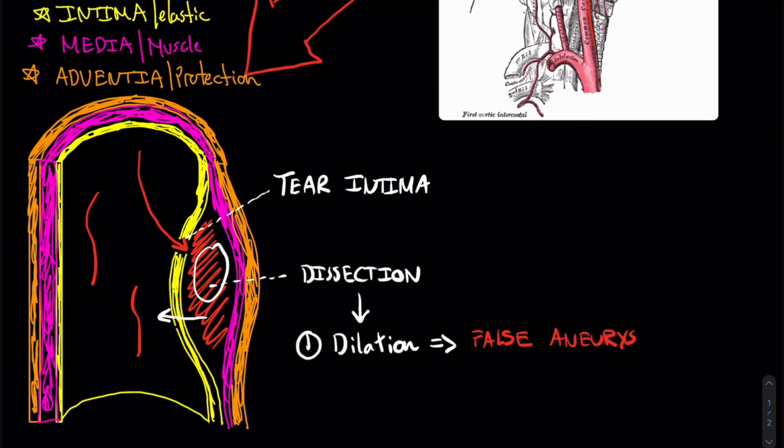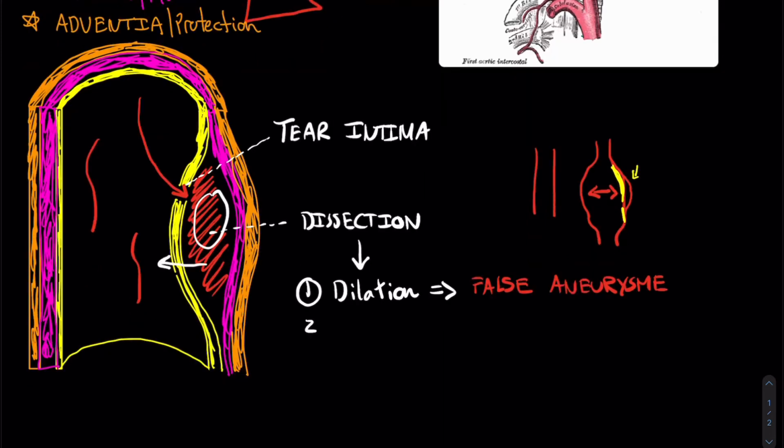An aneurysm is basically a dilation of the arterial walls. So instead of having an artery that is like this, you will have something like this, where the artery is actually bigger inside than it was before.